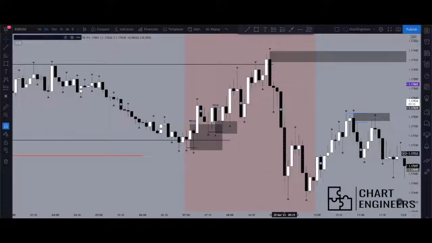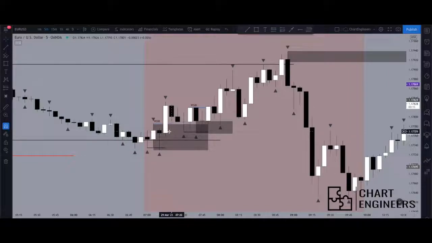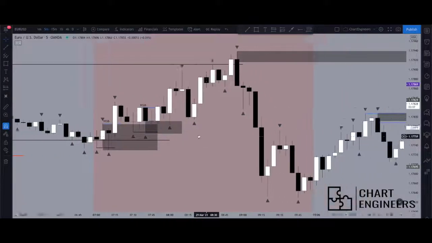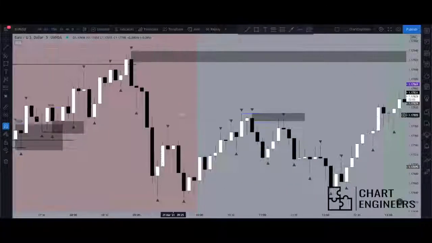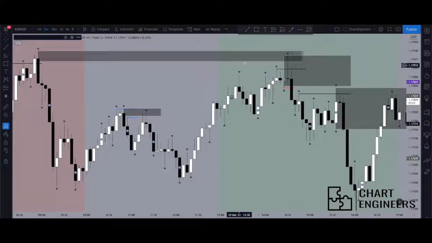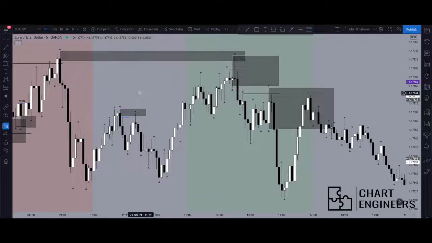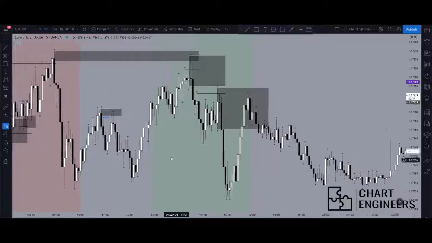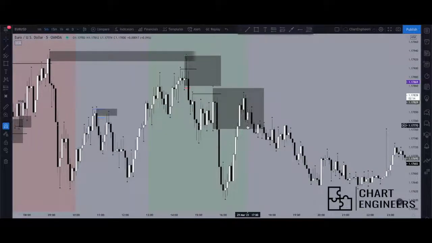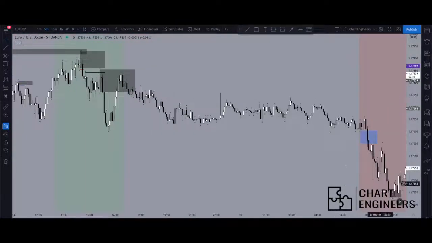So Monday, break even trade here, then we had a +3 R over here, and then another +3 R in New York. That's +6 for the day, and we had another win over here if we held it till the next day.